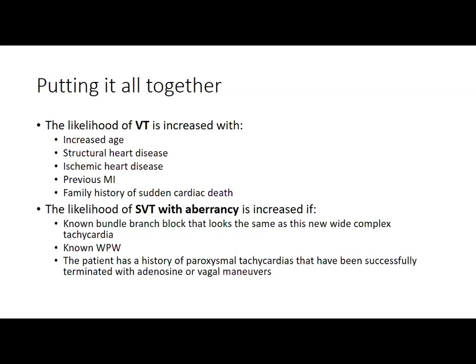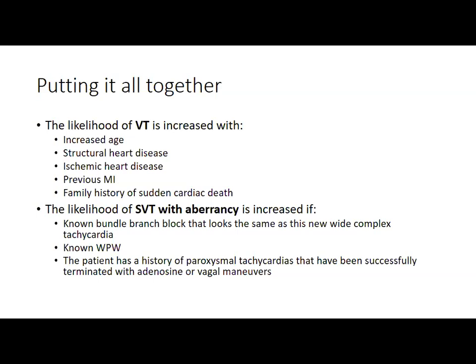So you've got a patient in the CCU, they've got a wide complex regular rhythm, they're really tachycardic. VT is much more likely if they're older, if they've got coronary disease, ischemic heart disease, a previous MI, or a family history of sudden cardiac death. On the other hand, SVT with aberrancy is much more likely if they've got a known bundle branch block, which looks like the same version of the VT that you're seeing now.